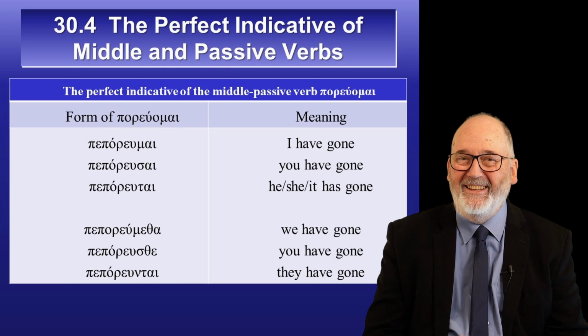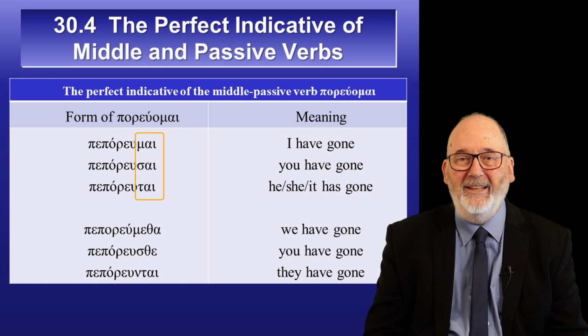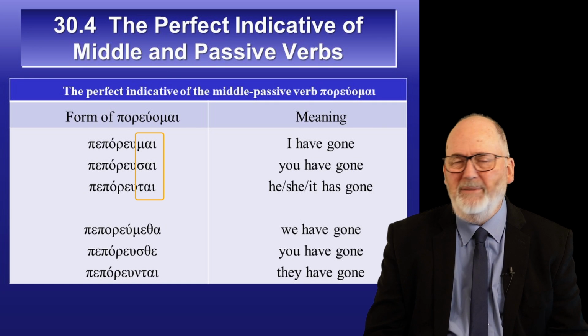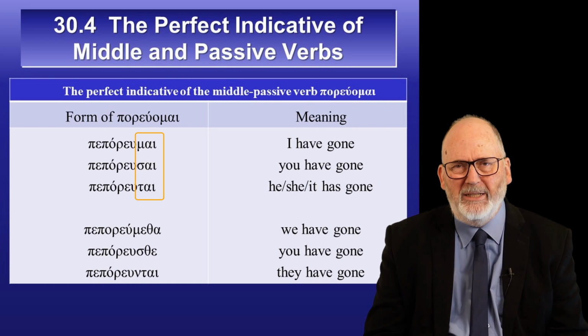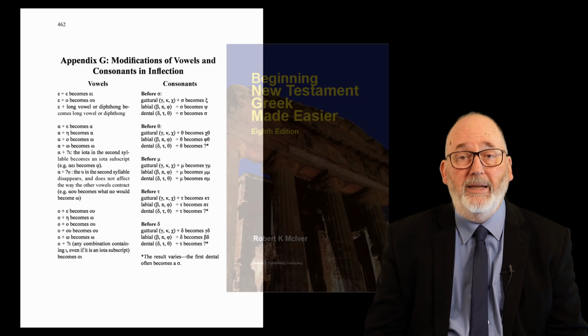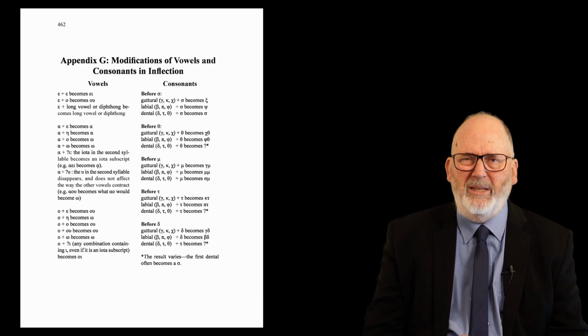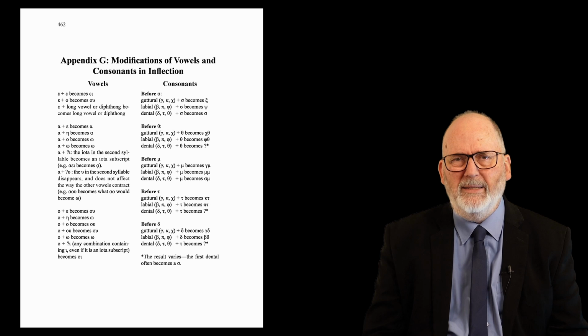One of the interesting things about this is the mai, sai, and tai endings go straight on to the end, and we get some changes, some of them predictable. And I have listed many of these changes in an appendix in my book, Beginning New Testament Greek Made Easier. And when you meet them in the New Testament, they will make sense.